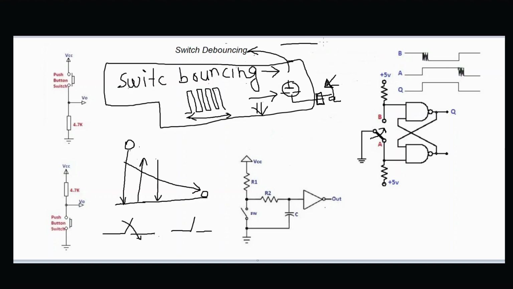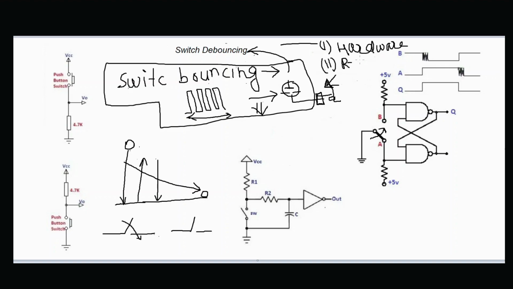There are different ways to remove this switch bouncing. First is hardware debouncing, where we'll try to understand the SR latch approach, and second, you use an RC circuit.